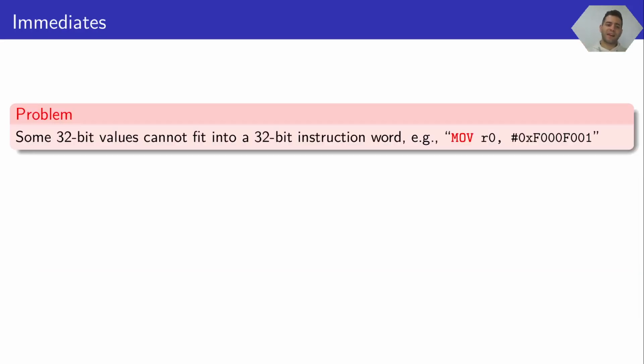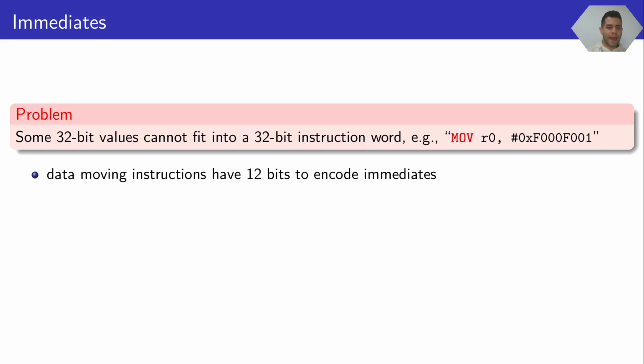However, immediates have a problem. The problem comes from the fact that an instruction is 32-bit long, and among those 32 bits, you need to encode the immediate. So, for example, in this case, as you can see in the example, if you try to create an ARM assembly program with this instruction, the compiler will complain that it can't create such an immediate.